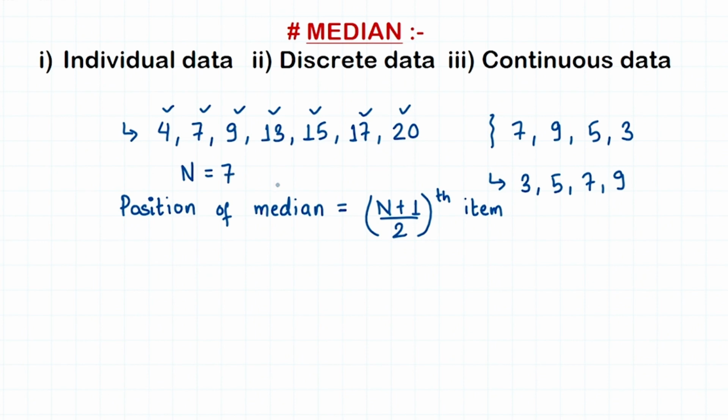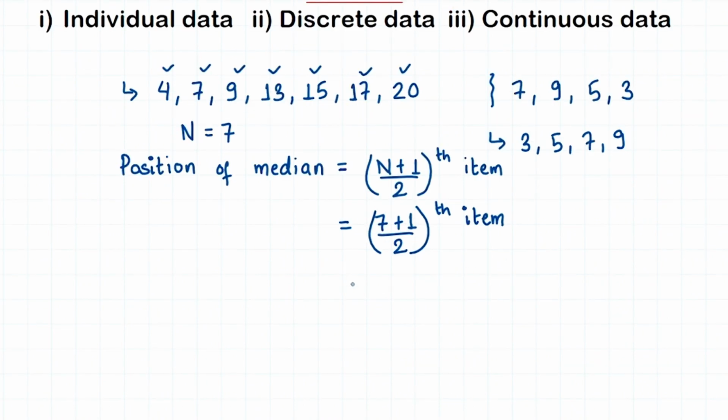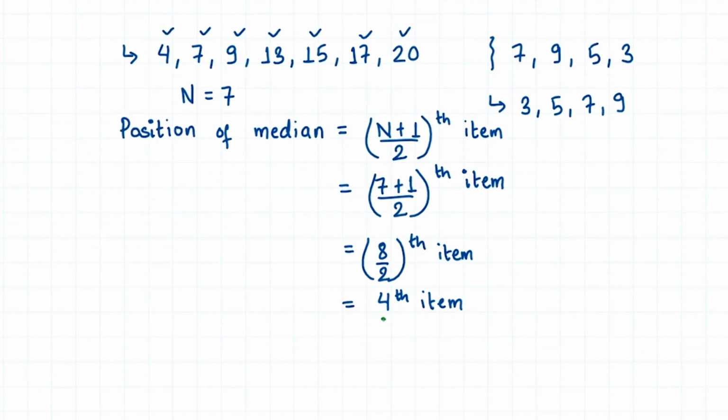So our n is 7. Now using this formula, we are going to find the position of our median. So we have, our n is 7, so (7 plus 1) divided by 2, th item. This is going to be equal to 7 plus 1 is 8, 8 divided by 2, th item, which is going to be equal to 4th item. So our position of the median is 4th item, okay?